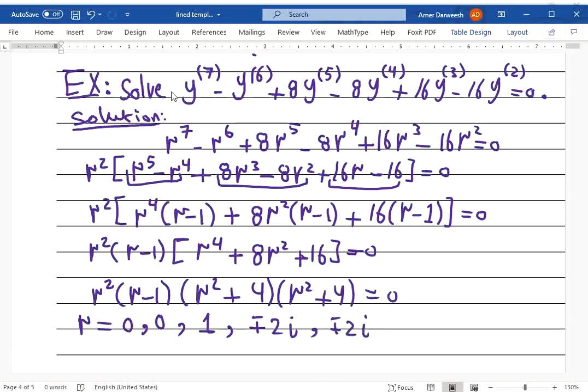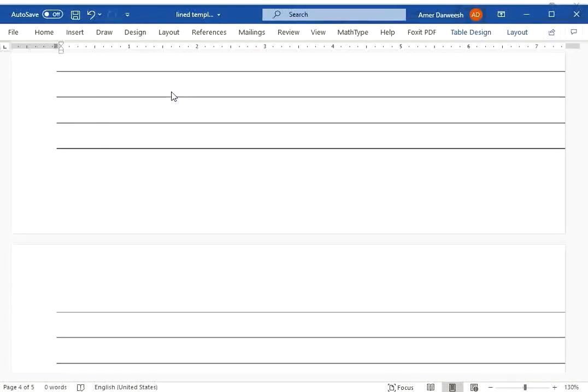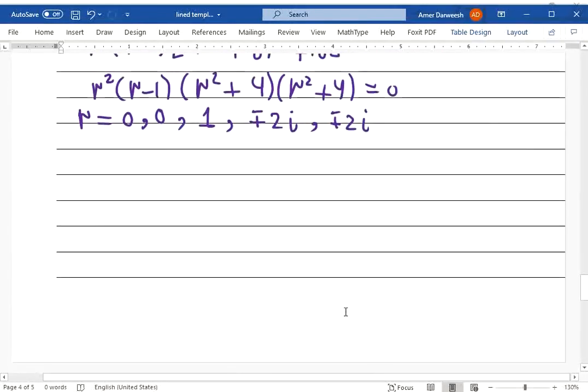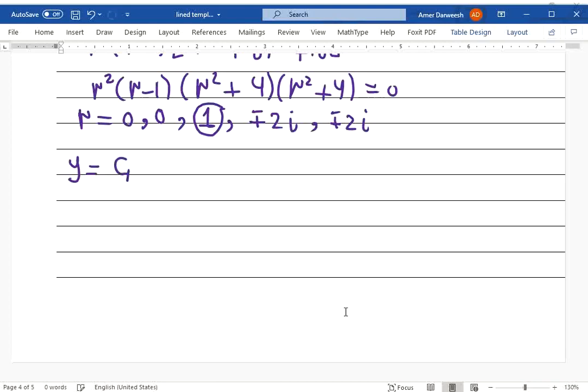So we apply now the three rules that we have seen before. The first rule for this term, distinct real, so y equals c1 e to the 1t plus, now I have two repeated roots 0, 0, so I have c2 times e to the power 0 plus c3 t times e to the power 0.